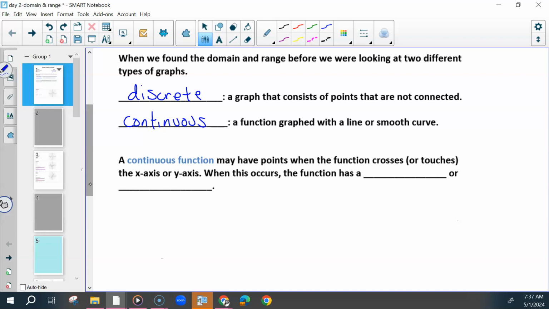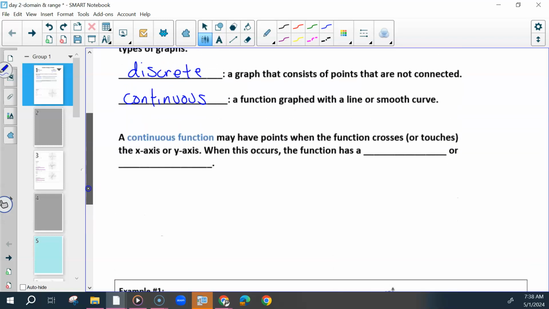Now this part is really review. It's just adding in your x and y intercepts. So a continuous function has a y-intercept or x-intercept.